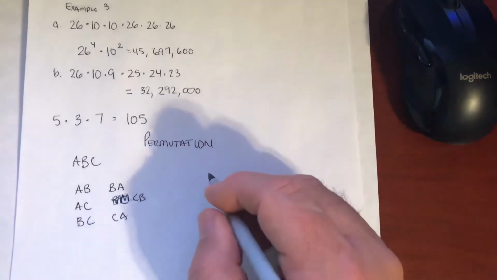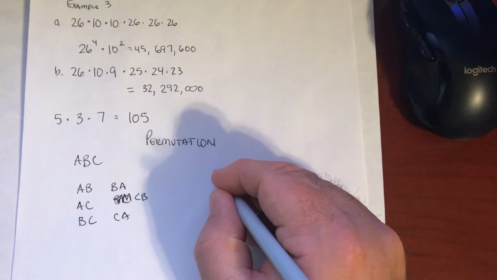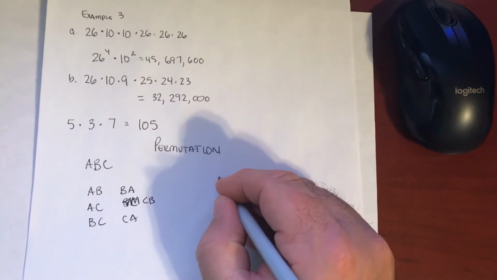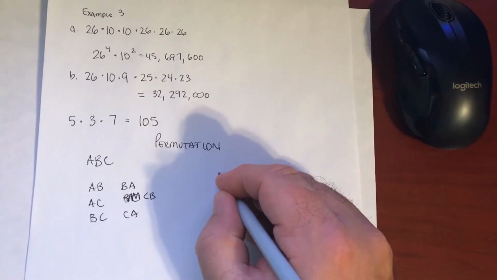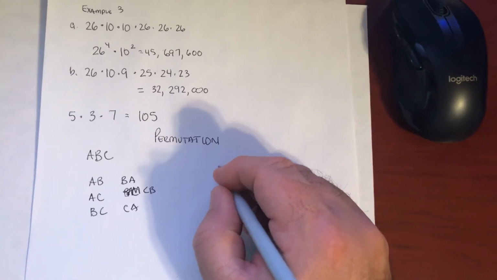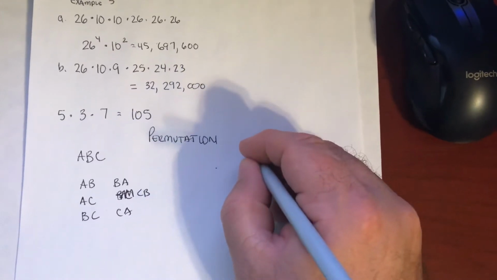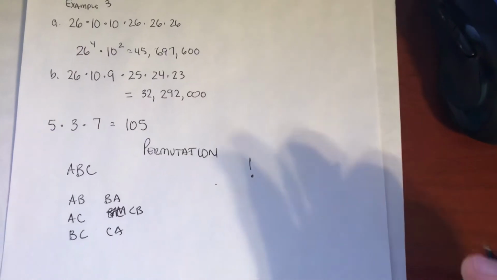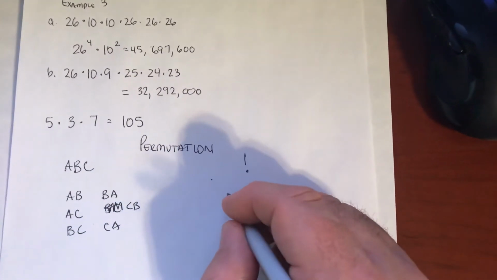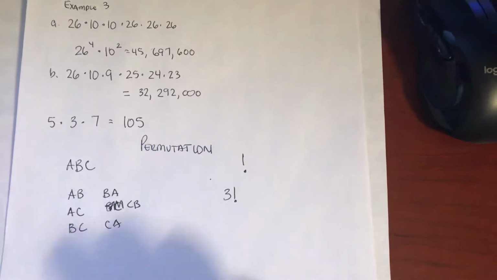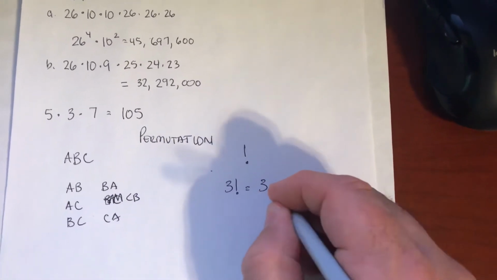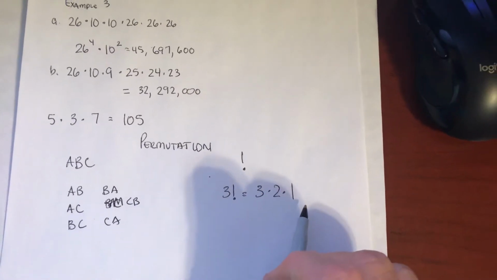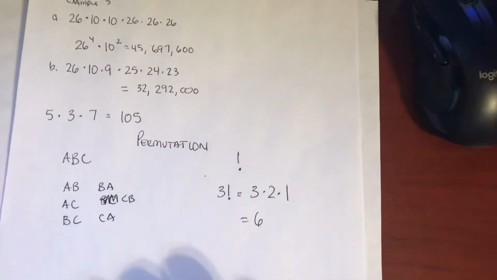Now the formula for permutations is using something called factorial notation. It looks like an exclamation point. Now what factorial means is this. If I have the number 3 factorial, that means I start at 3 and multiply by each integer below 3 until I get to 1, and I multiply that out and I get 6.